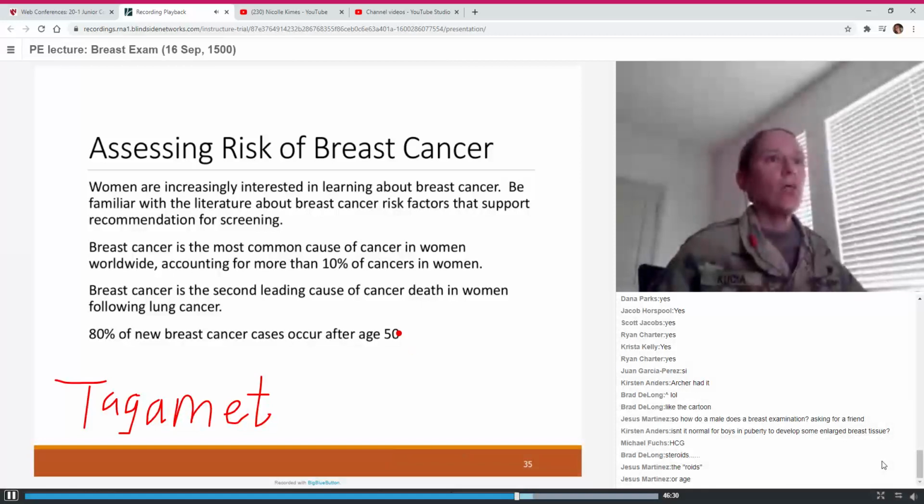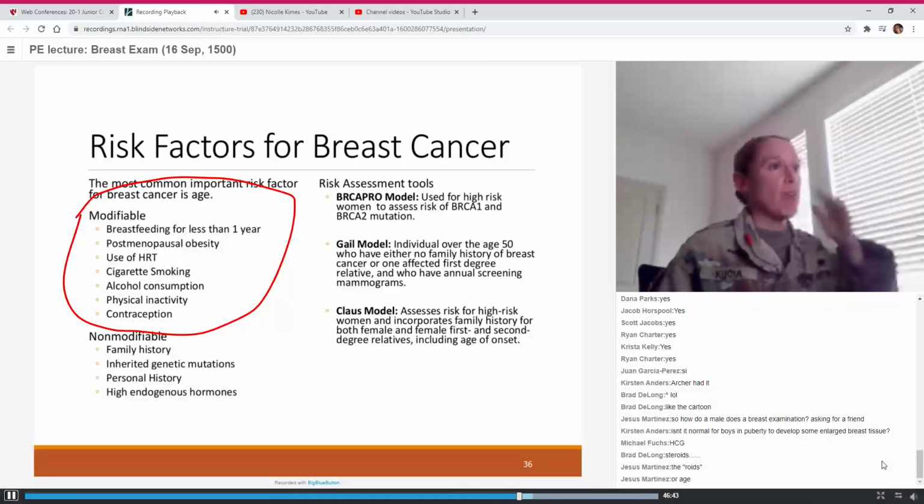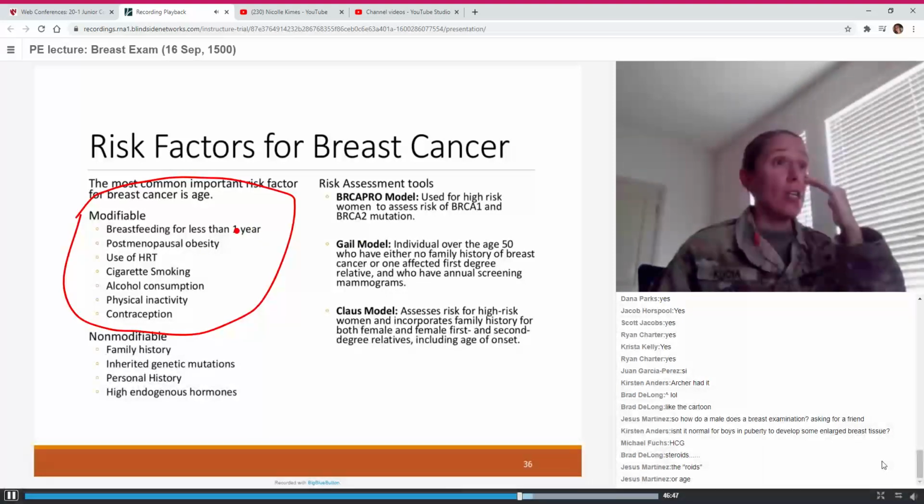Some young women get breast cancer, but most often it's over age 50. Risk factors. Luckily, there are things we can do to reduce our risk for breast cancer. Not being obese, for one.